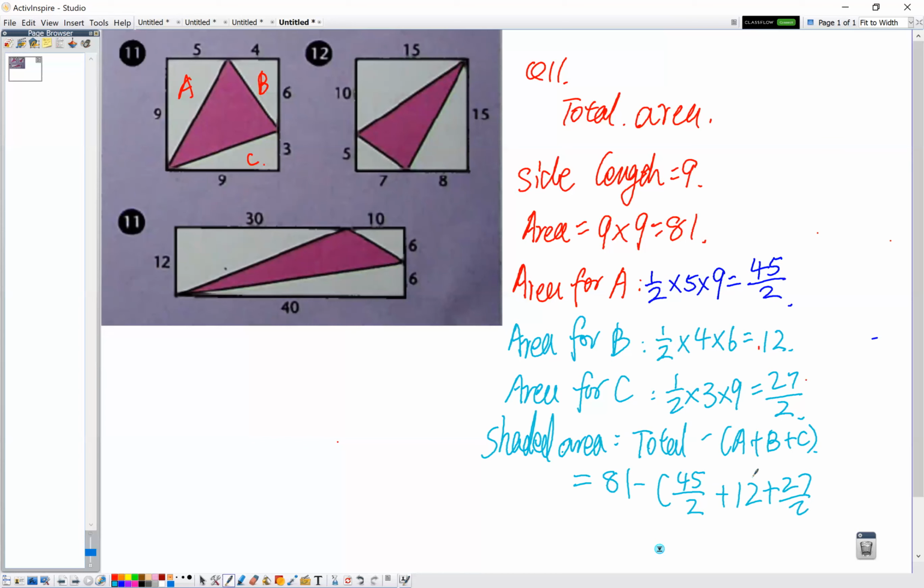So you work this out and you can find the final answer. The final answer for this question, let's write down, becomes 33 centimeters squared. Okay, so now can you do question 12? Tell me what the answer was.